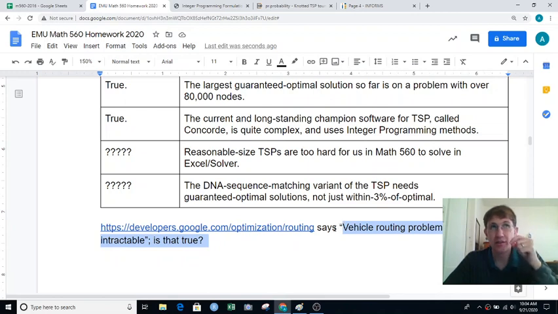Well, I guess in theory it's true. As n grows beyond about 80,000, maybe it takes too long to find a guaranteed optimal solution. But if you're happy within a few percent of optimal, then I say they're totally tractable. And we'll talk about vehicle routing problems other than the traveling salesperson problem in the next video.